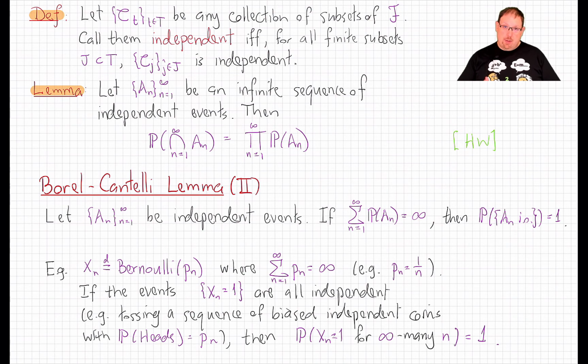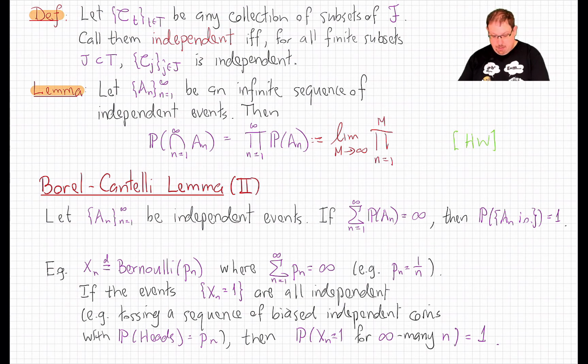So one consequence of that, a simple exercise using the continuity of probability measures, is that if I have a countable sequence of independent events, then the probability of that countably infinite intersection is the countably infinite product of the probabilities of the events, where that is defined to be the limit as, say, capital M goes to infinity of the product, n equal 1 up to M, of the probability of A_n. And that exercise is on your homework.